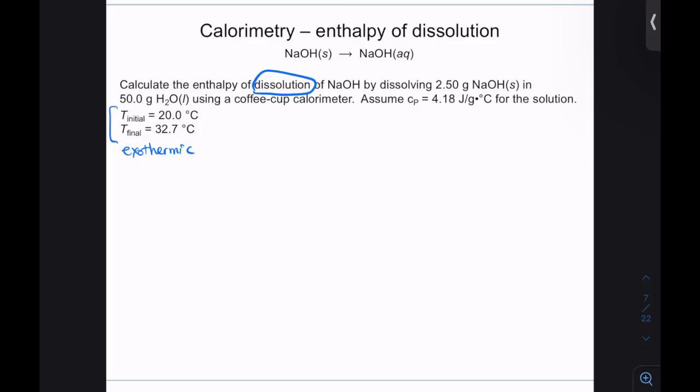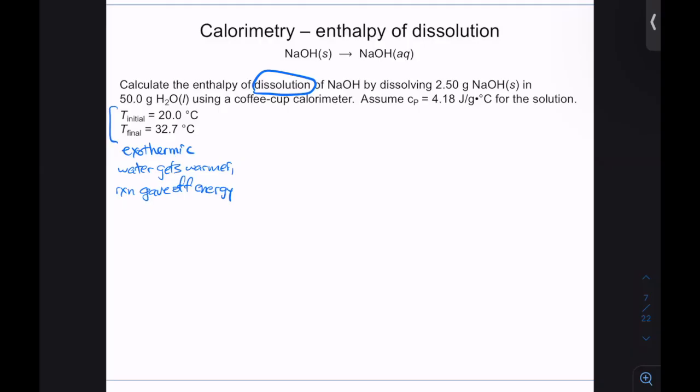That meant that the reaction gave off energy, right? The water gets warmer, which means that the reaction gave off thermal energy. Okay, but now let's do the calculation.